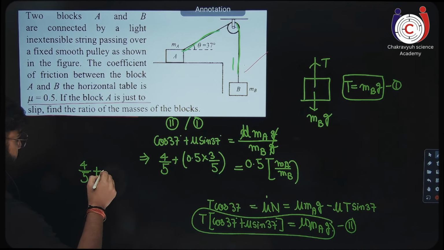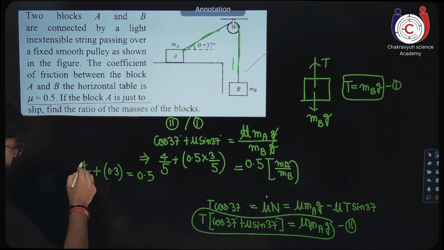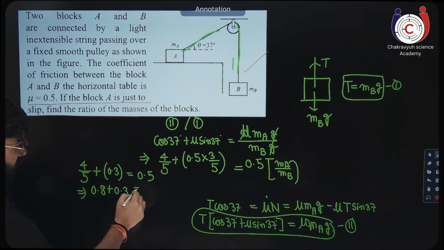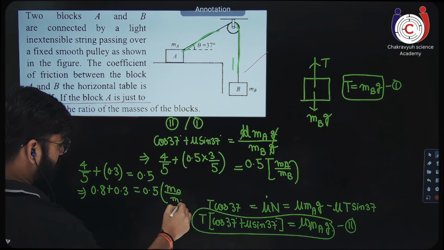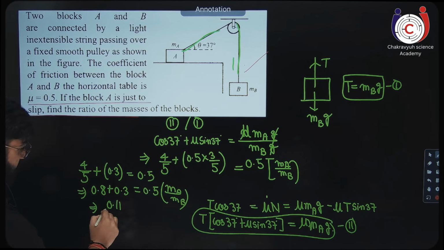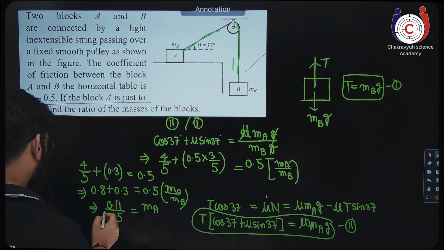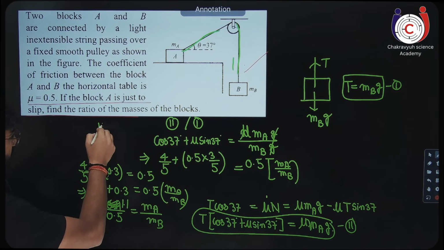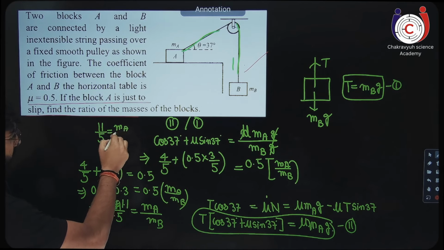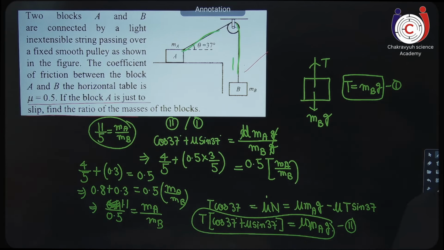So 4 by 5 plus 0.3 equal to 0.5 times MA by MB. 4 by 5 is 0.8, and 0.8 plus 0.3 is 1.1. So the answer will be 11 by 5. This is the answer. Clear?